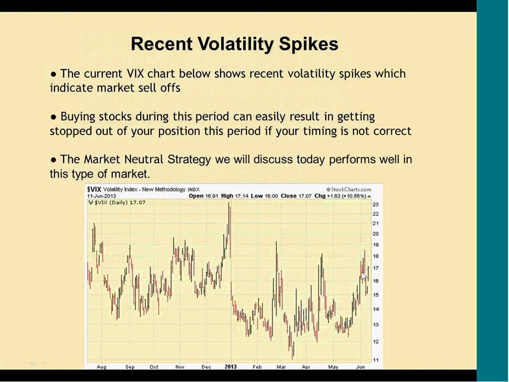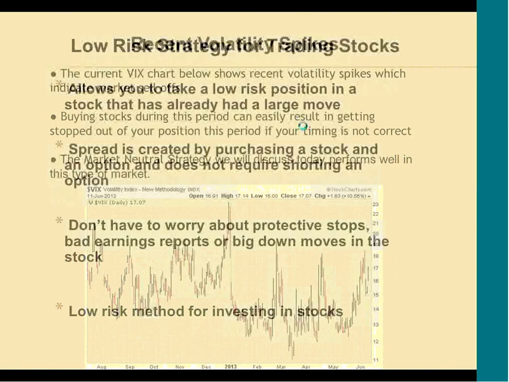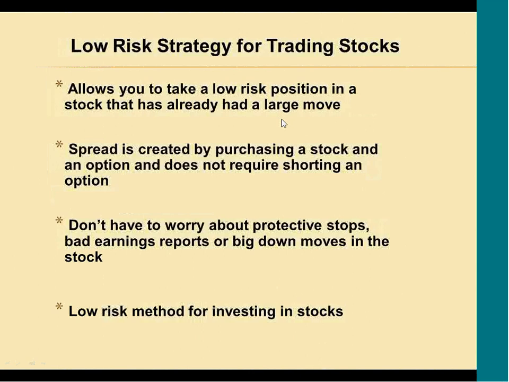So we purchase the stock, that's a bullish position, and when we purchase the put option, that's a bearish position. So this is another so-called market neutral type trade where you have both a bullish position and a bearish position at the same time. And you don't have to worry about placing protective stops with this married put strategy.